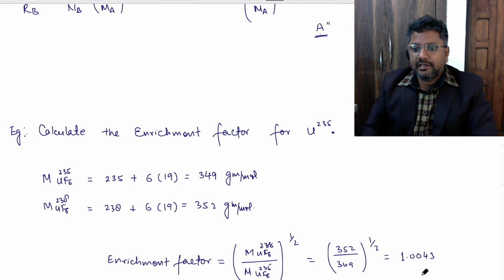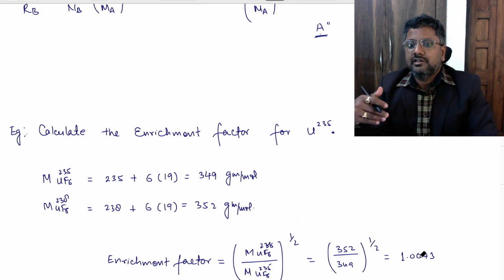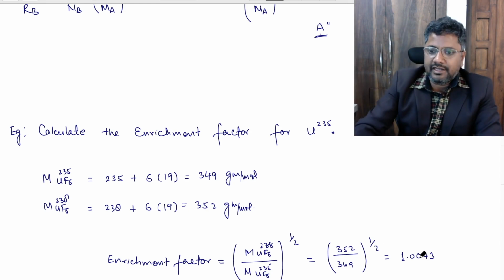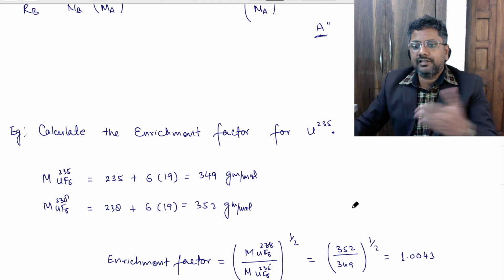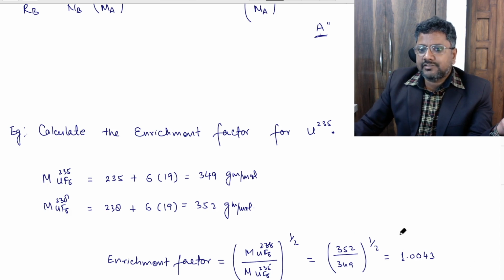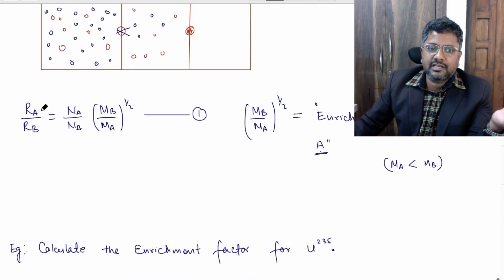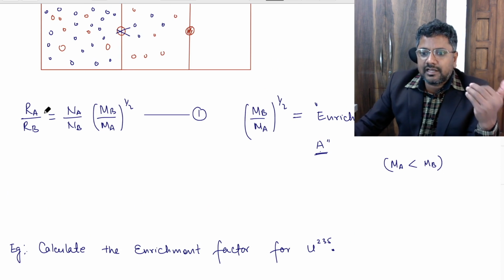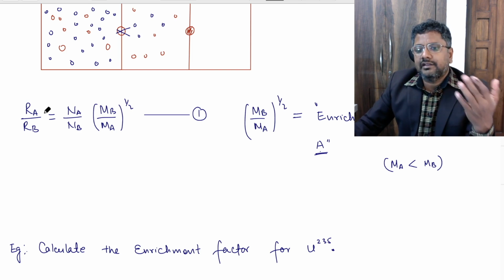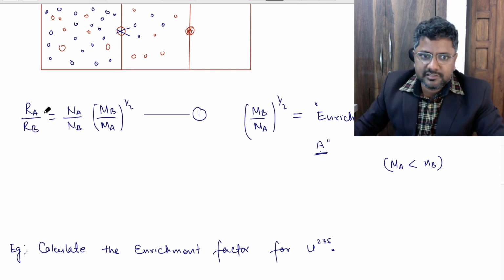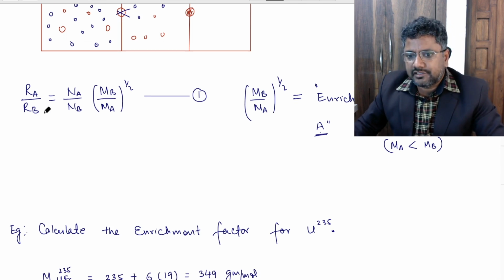So basically UF6 235 is 1.0043 times more effusible compared to 238. So in this way we can calculate the enrichment factor. And if you know the enrichment factor, then by using this equation you can calculate how many times the experiment can be repeated so that we can change the percentage from this to that. Questions like that can be asked. So in the next lecture I will discuss some questions.